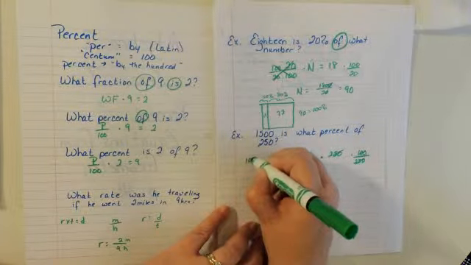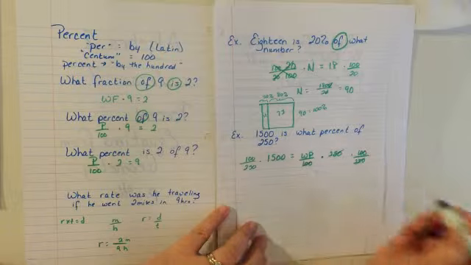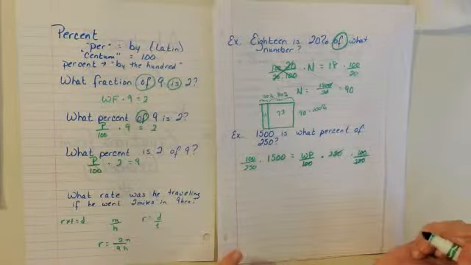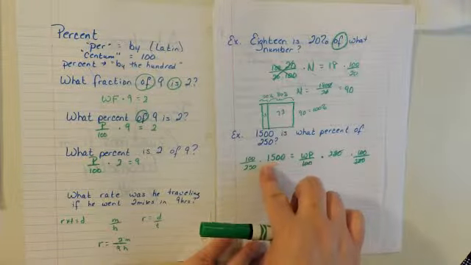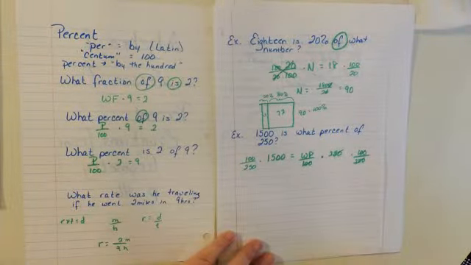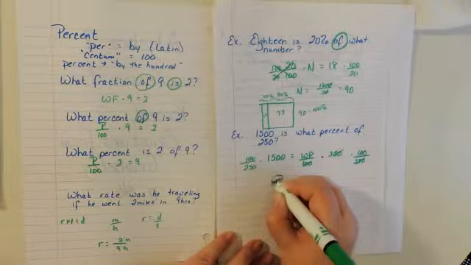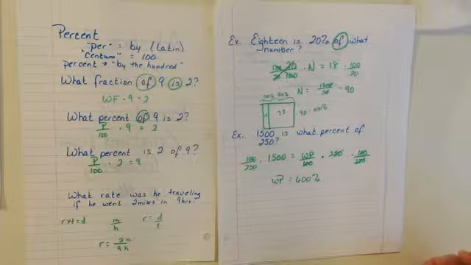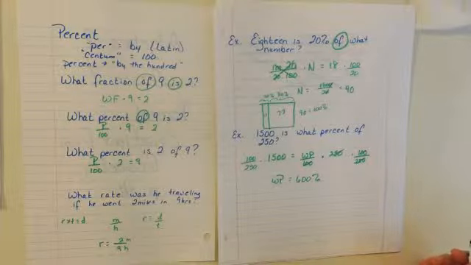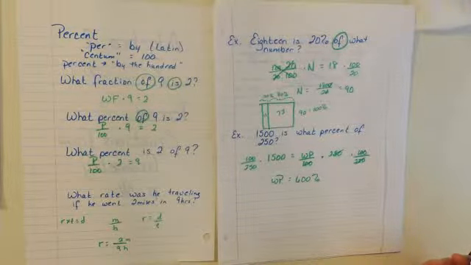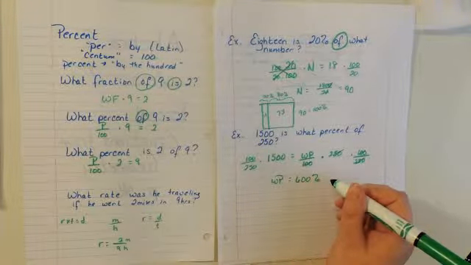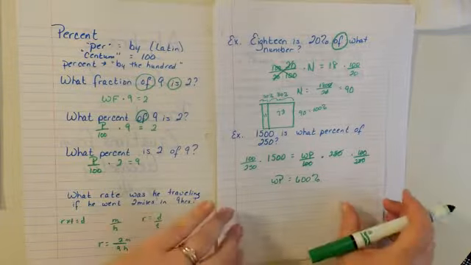We need to do that on this side also. And then you punch this into the calculator. So 1500 times 100 divided by 250, and the percent is going to be 600%. So 1500 is 600% of 250, which is indeed considerably bigger than 100%.